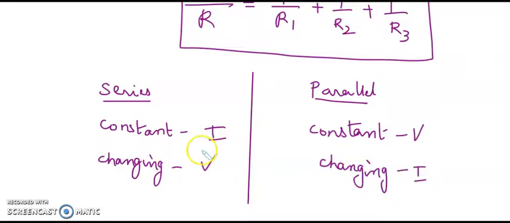Just the opposite. So in series connection, voltage is distributed among the resistors, and in parallel connection, it is the current which is distributed among the resistors.